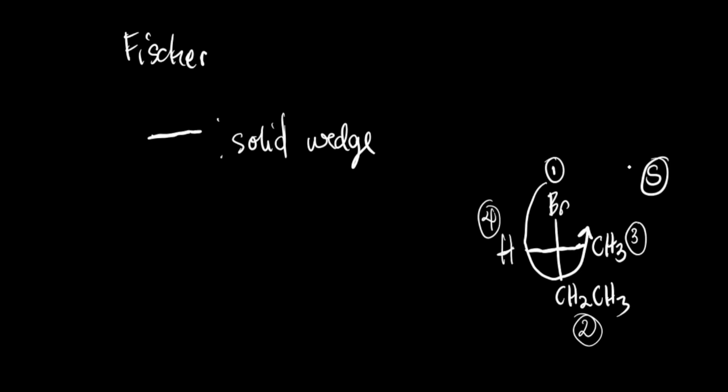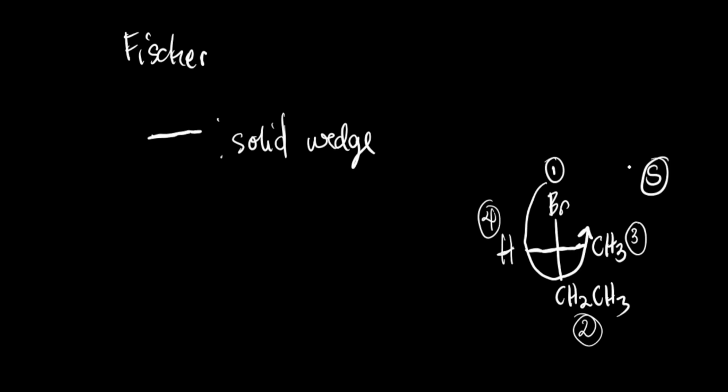But in order for this to be an S, it has to be attached to a vertical line which represents a dashed wedge. Now, our least priority group is attached to a horizontal line. That is a solid wedge. With our least priority group on the solid wedge, which is a horizontal line, we took our direction from 1 to 2 to 3, and it's an S.